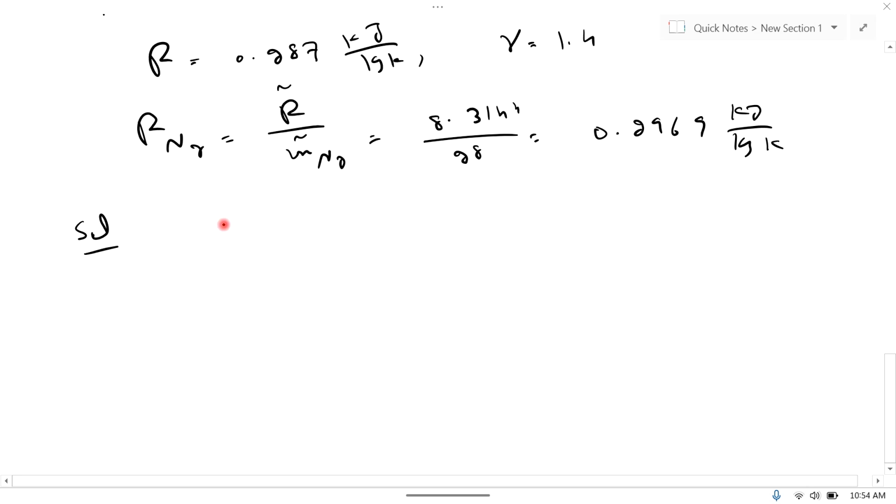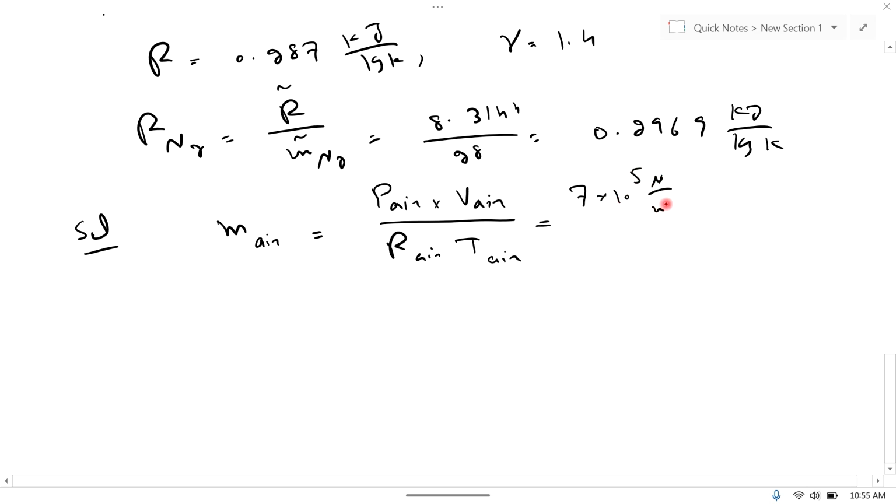As we know that PV is equal to mRT, from this equation the mass of air initially in the first vessel is pressure of air multiplied by volume of air divided by R of air and temperature of the first vessel containing air. The pressure of air is given as 7 multiplied by 10 power 5 Newton per square meter, multiplied by the volume of air, 0.3 cubic meter, divided by R of air, which is 0.287 kilojoule or 287 joule.